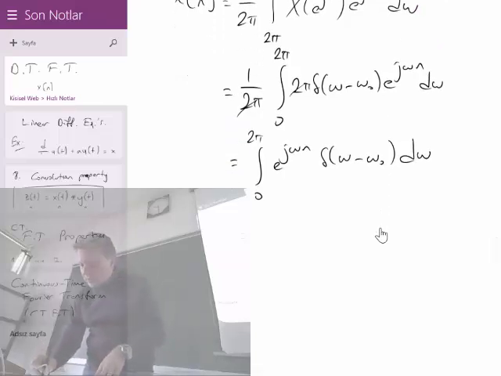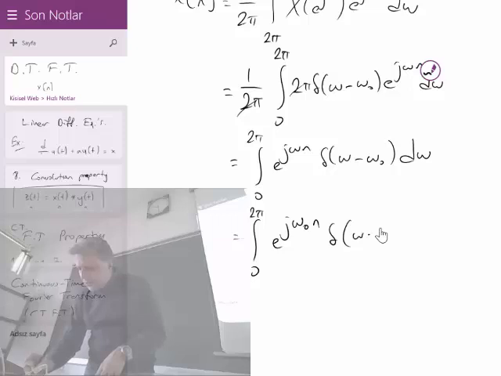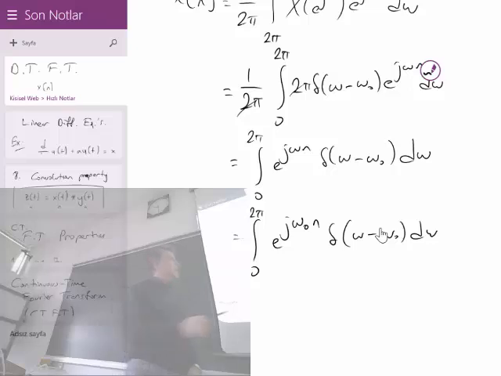So this integration is equal to e to the j omega 0 n delta omega minus omega 0 d omega. This omega becomes omega 0, because for all other omegas, they will not contribute anything.